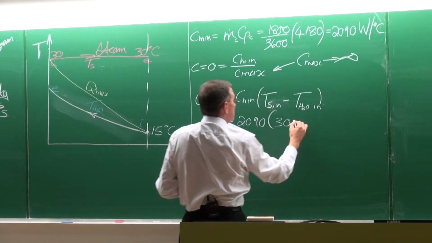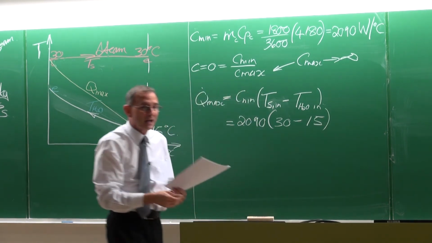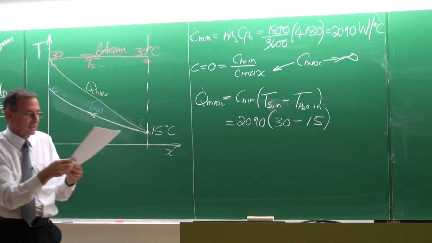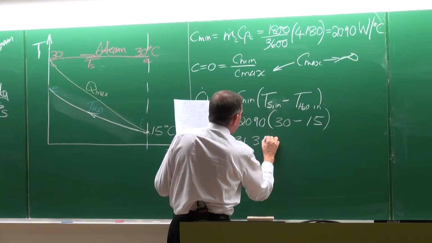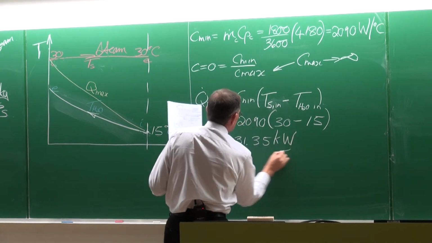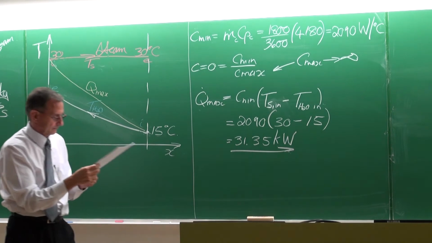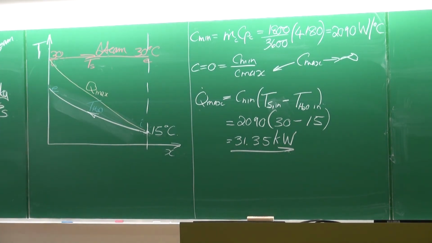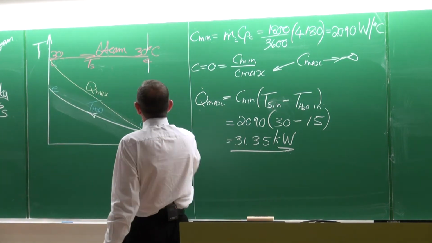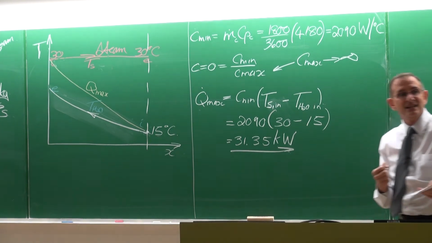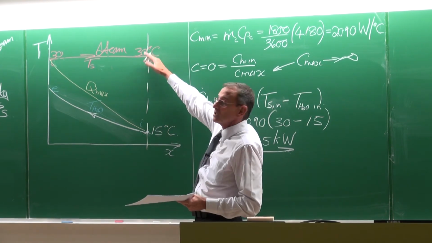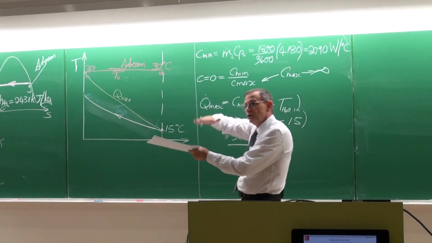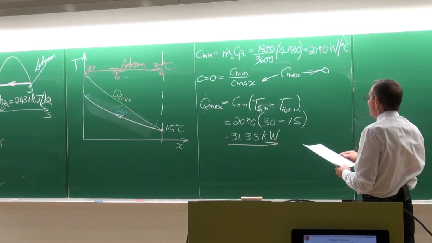That temperature is 30 minus 15, the maximum possible temperature difference that heat exchanger can give you, and that would be equal to 31.35 kilowatts. Okay, so now we know what is the maximum possible capacity that heat exchanger can have, just because of the inlet temperature and the condensing temperature. Those are the two thermodynamic limits that we have.